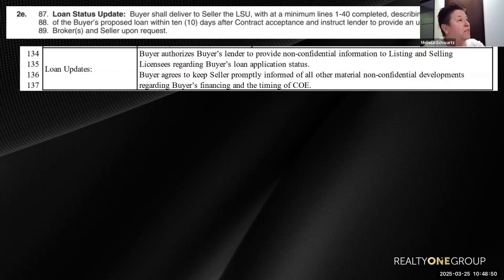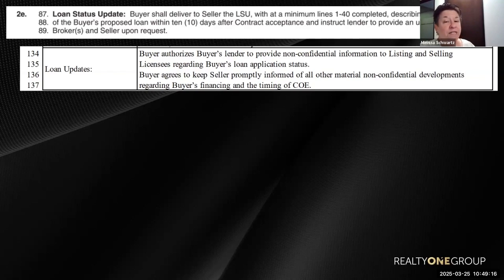So they are granting you the right to talk to the lender and get that information, right? So that's good. There's just no specific form nor a specific timeline, right? So if you get this contract as the listing agent, you need to pick up your phone and call occasionally to find out that information, because there's no set timeline they're going to deliver it to you.